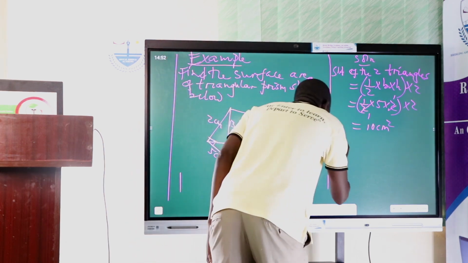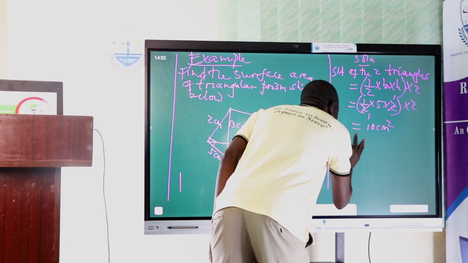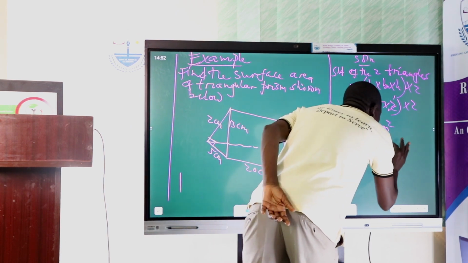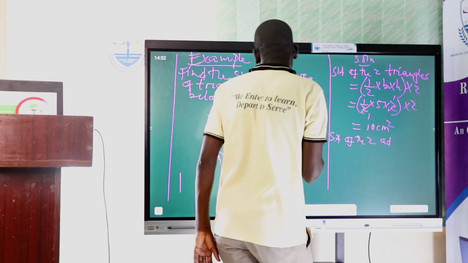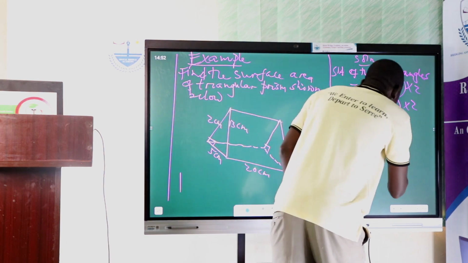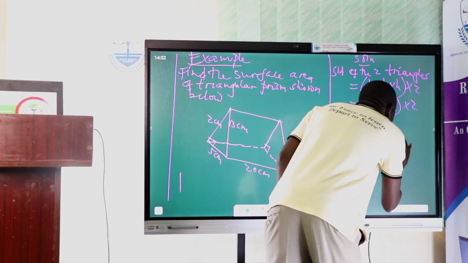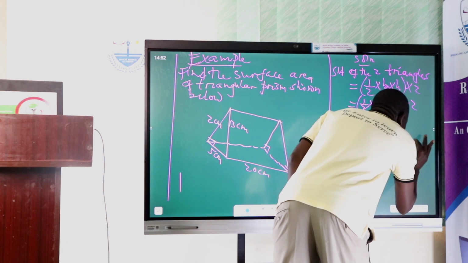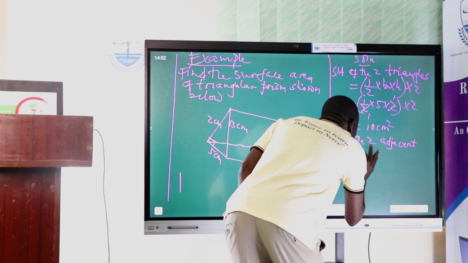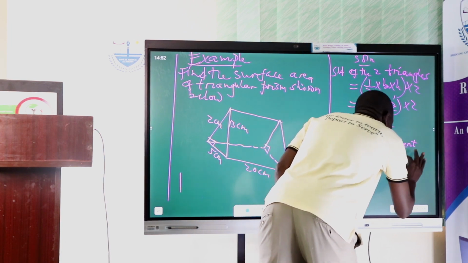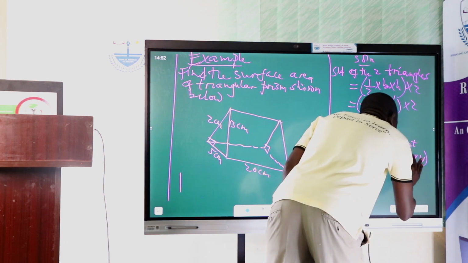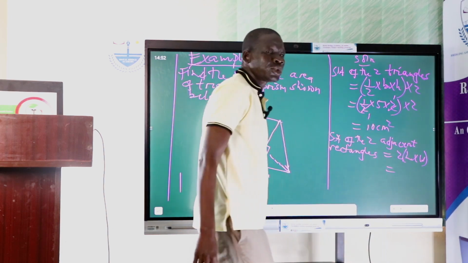So we shall say also surface area of the two adjacent rectangles is equal to length times width. But since there are two of them, we multiply by 2.